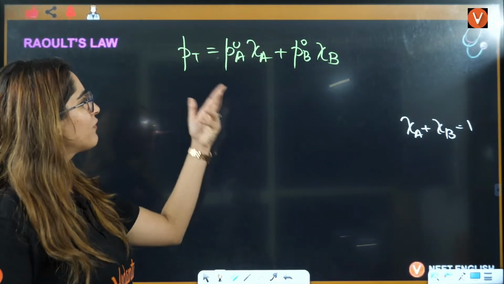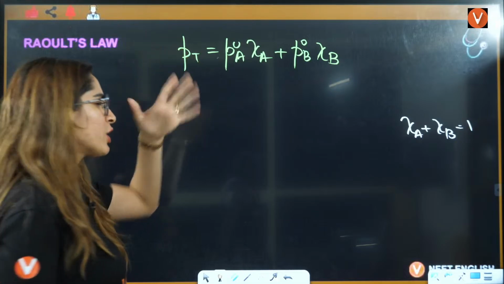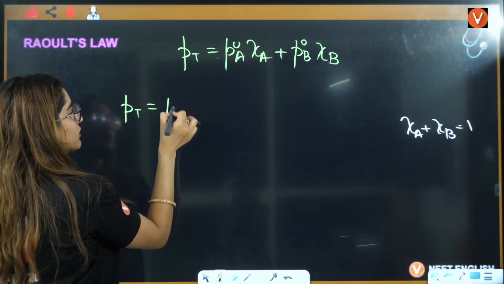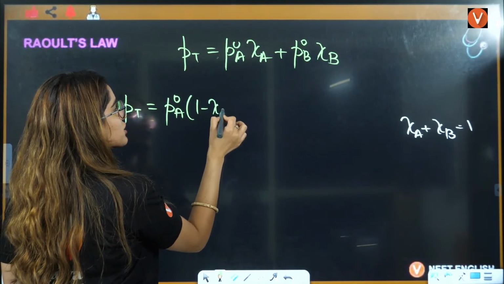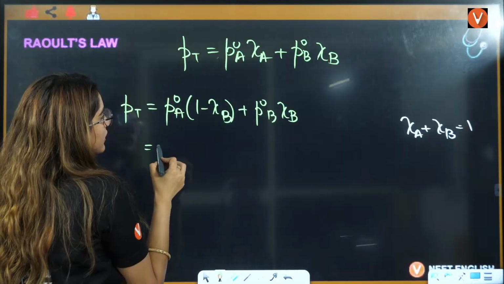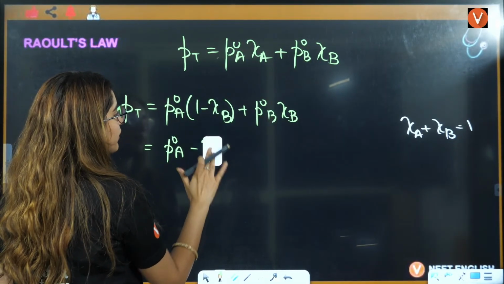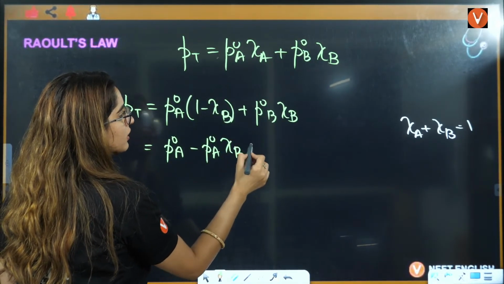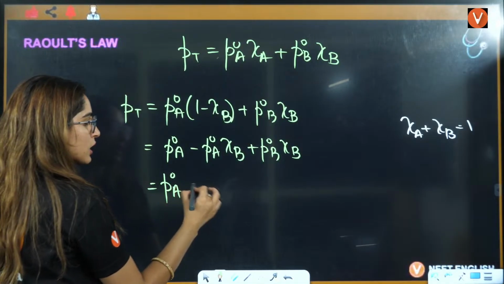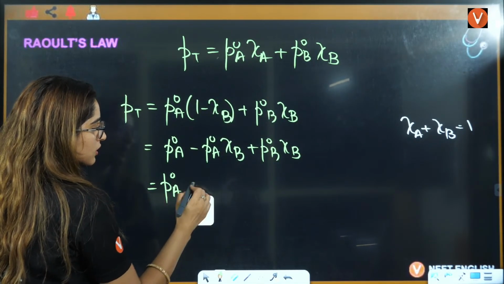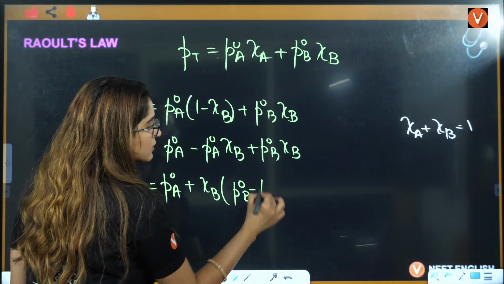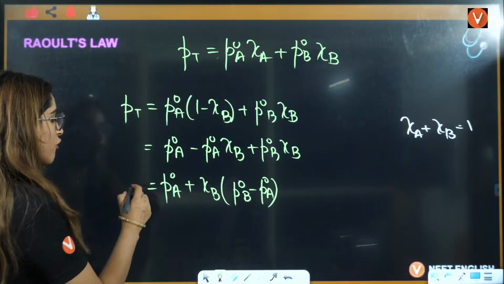That means you can put the value of mole fraction of A in terms of B. I am putting the value of mole fraction of A as 1 minus mole fraction of B, plus P naught B times mole fraction of B. So this will be P naught A minus P naught A times mole fraction of B, plus P naught B times mole fraction of B. Take the common mole fraction of B. Then it will be P naught A plus mole fraction of B times (P naught B minus P naught A). That is going to be your answer for PT.